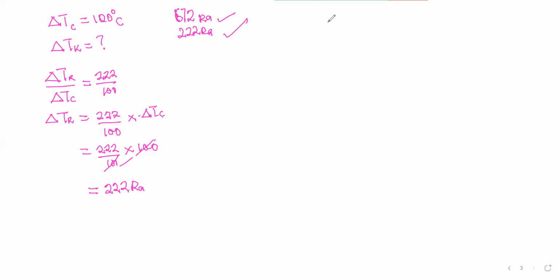Please, try to understand the difference between change in temperature and conversion. So all that we are saying is that for change in temperature, the decimal value of the ratio is 2.222.